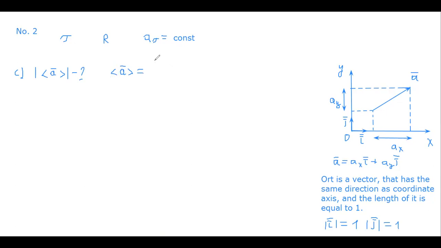So what do we have? We have the change of velocity, delta v vector, divided by the change of time, which is equal to v2 minus v1, the final value of the vector of velocity minus the initial value, divided by delta t.